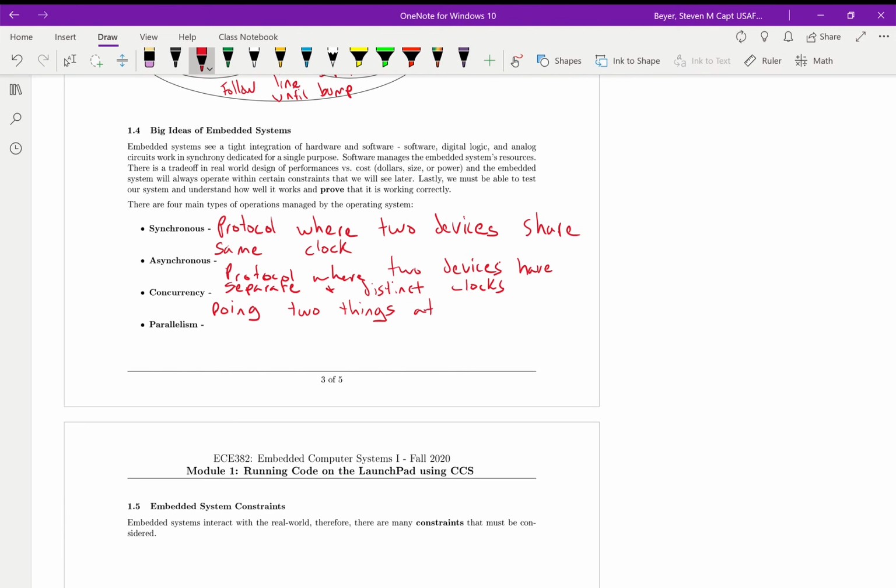So for example, we are going to be driving the robot until a bump sensor is hit. Once that bump sensor is hit, we're going to stop that process of driving the robot. We're going to look at the logic of the bump sensor, and then we're going to go back to figuring out, hey, what are we supposed to be doing? Should we now drive backwards? And that's that switching concept.